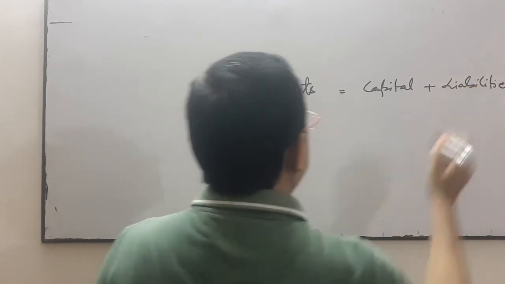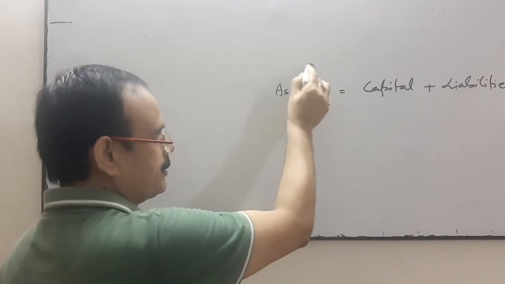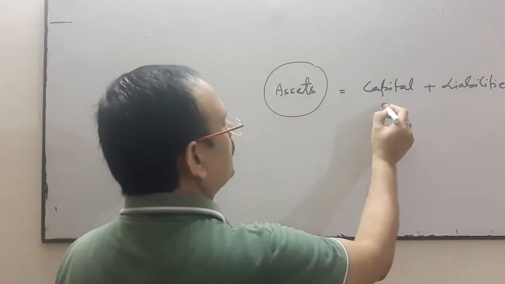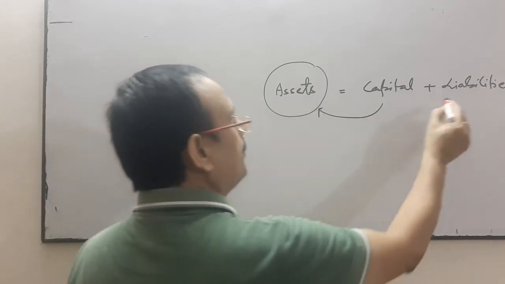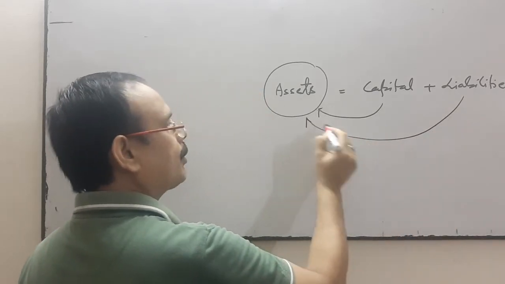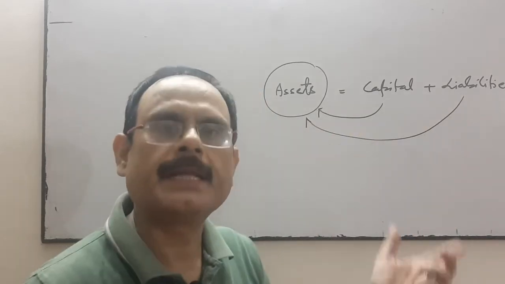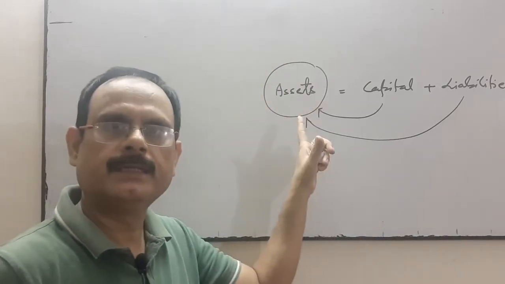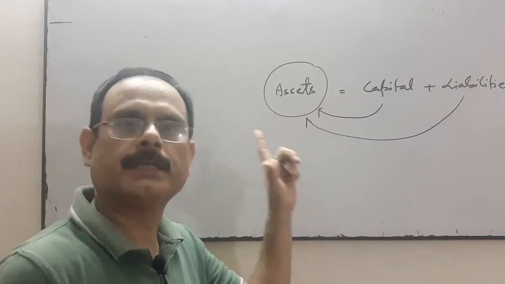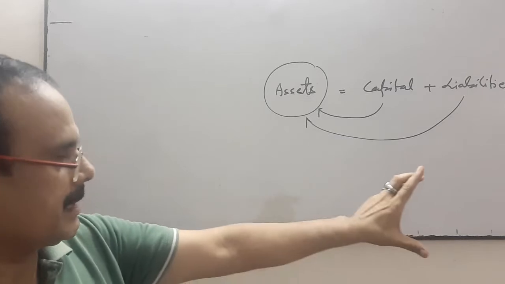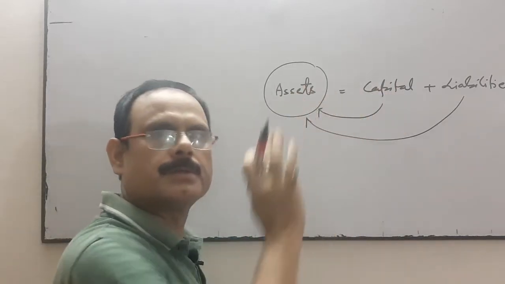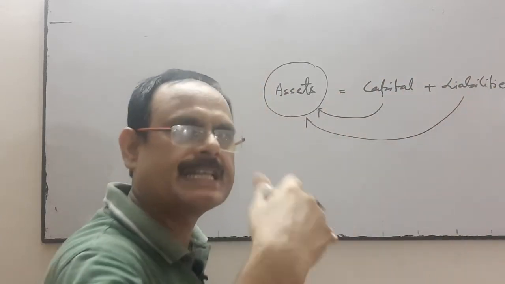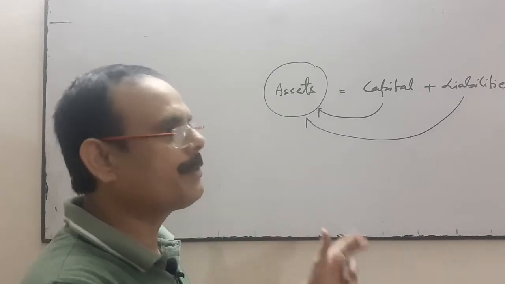It means these assets which the business acquired may be from the amount of this capital, maybe from the liability, or maybe from both capital and liability. So the assets the business has are acquired either from the capital amount, meaning proprietor's fund, or from the liability, meaning external liability, or maybe from both.